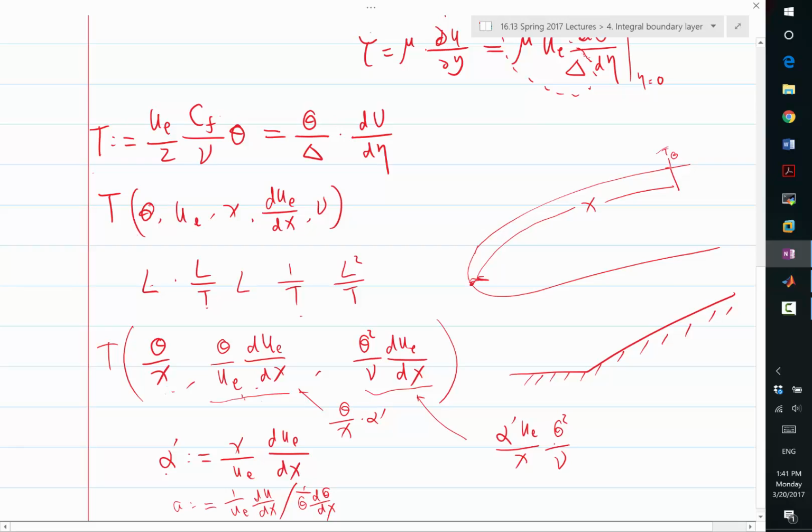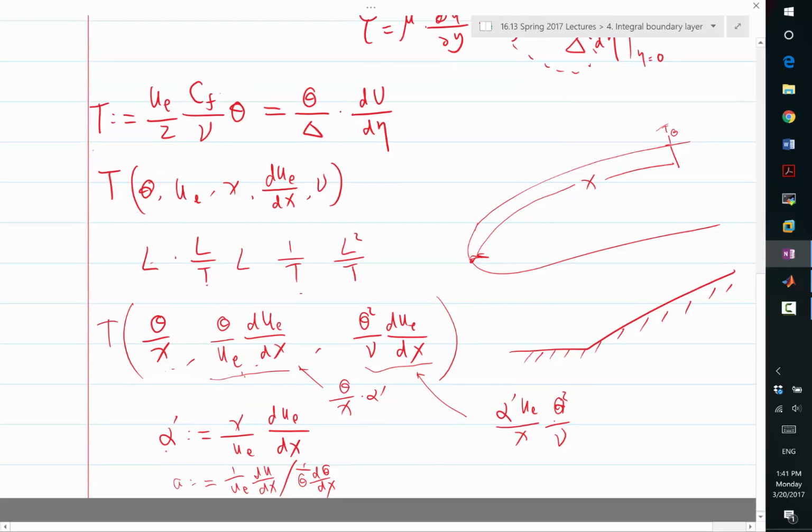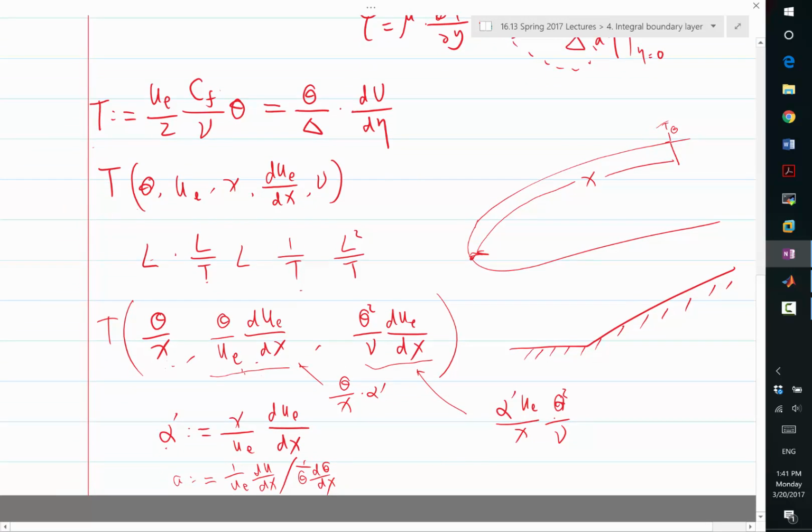If you go back to the derivation of the Faulkner-Skan family, we actually had something called nu times x divided by UE delta squared in front of the f triple prime term. And we set the delta so that this term is equal to 1.